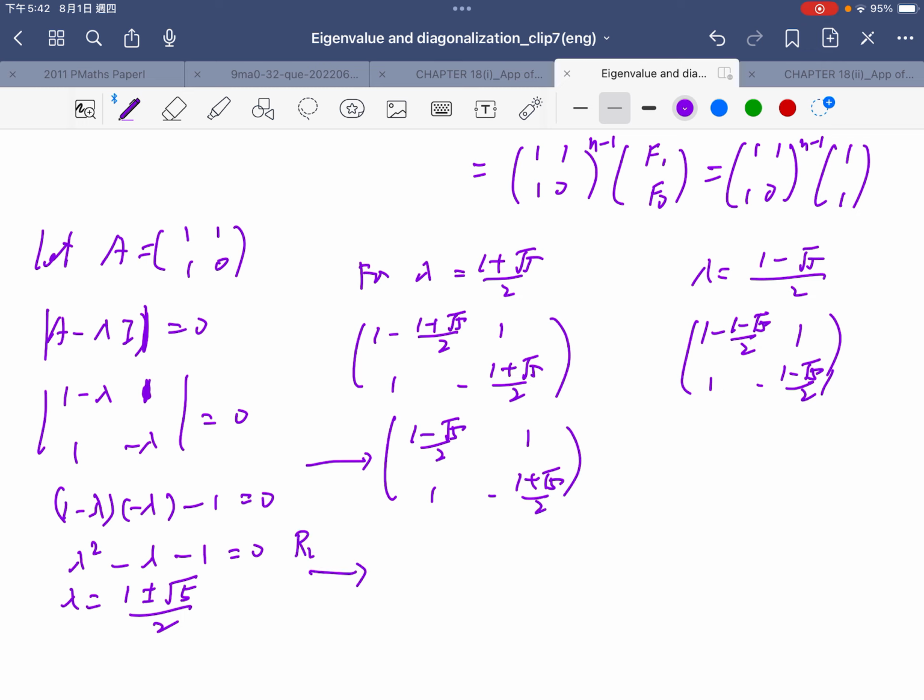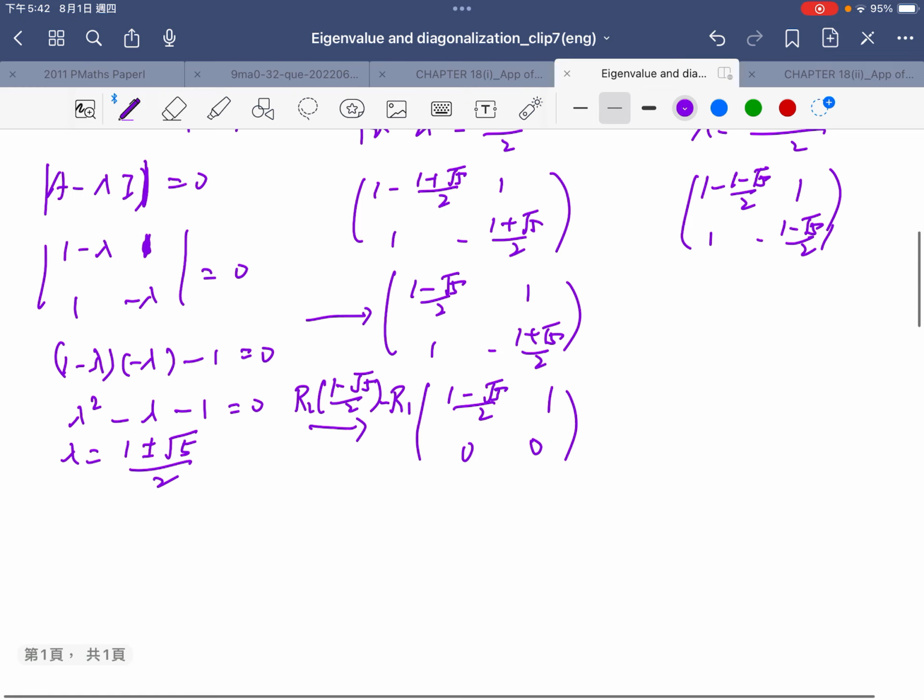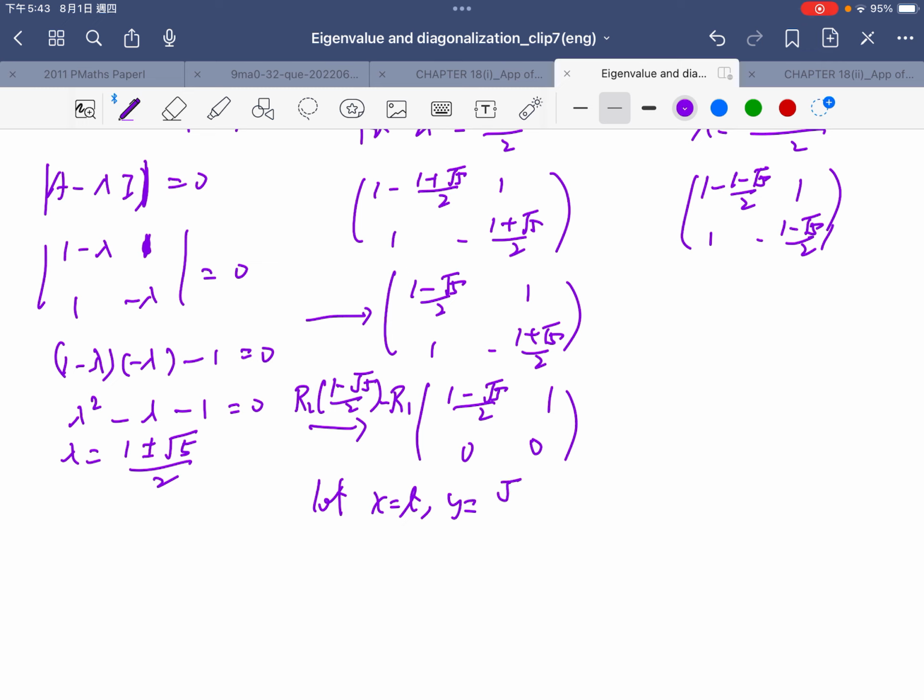Here, row 2 times the quantity 1 minus root 5 over 2, minus row 1. Then this will become 0, 0, oh, a double 0. That means I can let x equal to t, and then y is equal to the square root of 5 minus 1, over 2, times t. Then we have the first eigenvector.